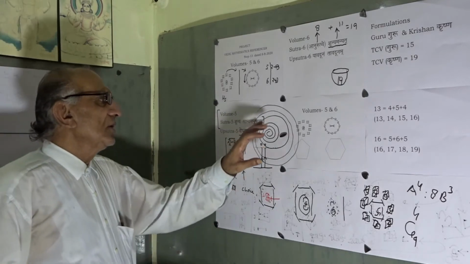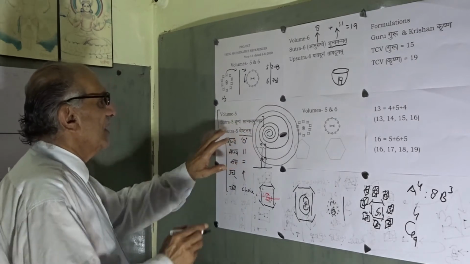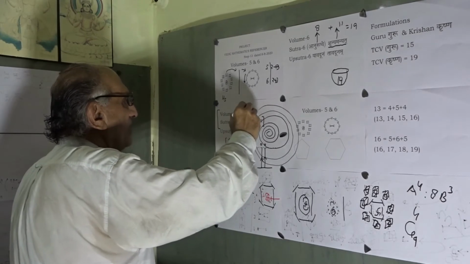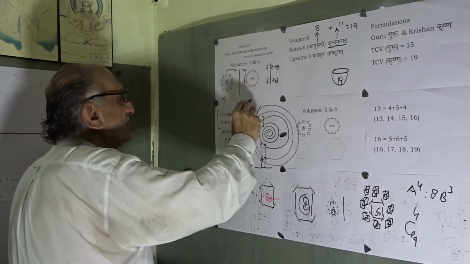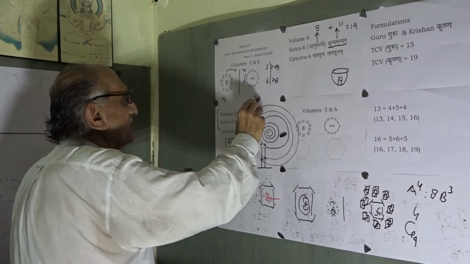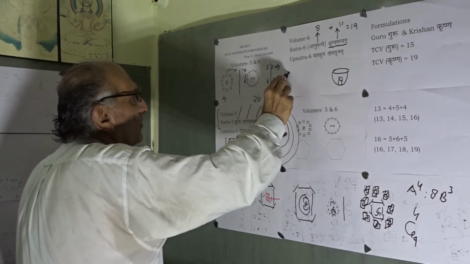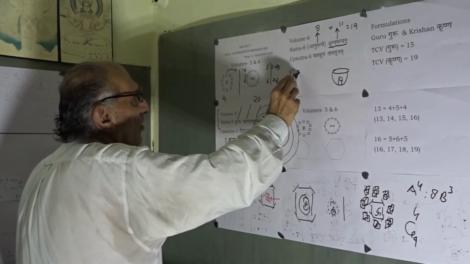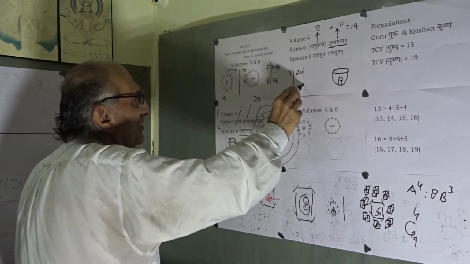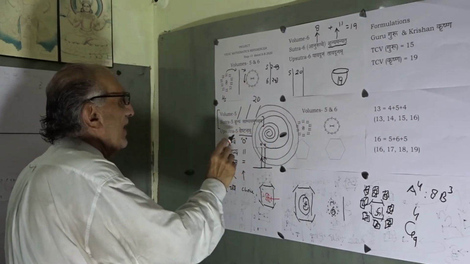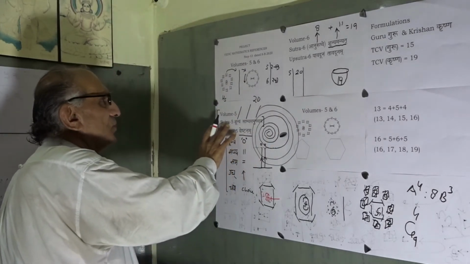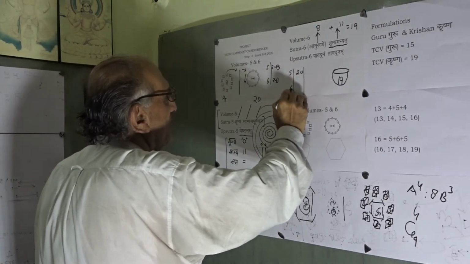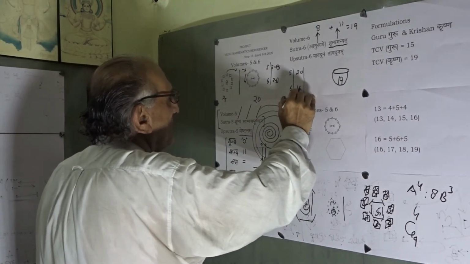Therefore, the Sutra 5, Shunyam Samme Samuche, is a setup of 20 letters. So, volume 5 will be of the organization of 20 letters, while the Sutra 6 is going to be a setup of 19 letters.